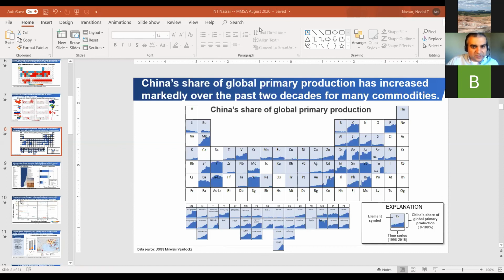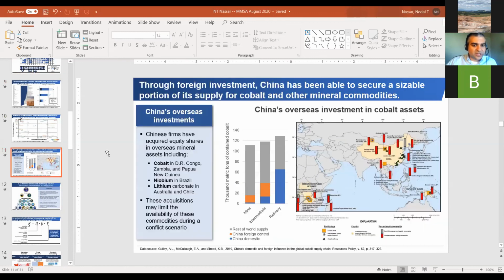The next question, I think from Anthony: when you are talking about countries where the elements are produced, it is clear that China is the predominant producer of these minerals. Please comment on the countries where the production is primarily controlled by China, for example. Okay, so the DRC cobalt example, right. I'm not sure if this question came before or after I showed this slide, but obviously the previous slides that I showed were for domestic production of those commodities. So the Chinese slides were just looking at China's domestic production.